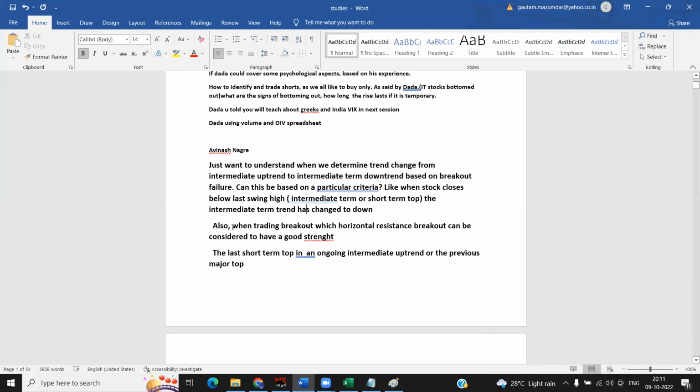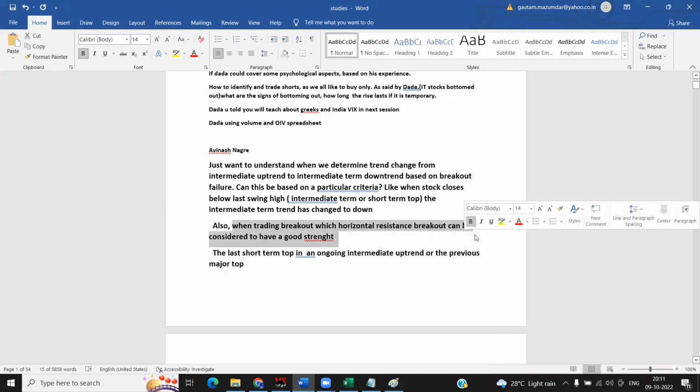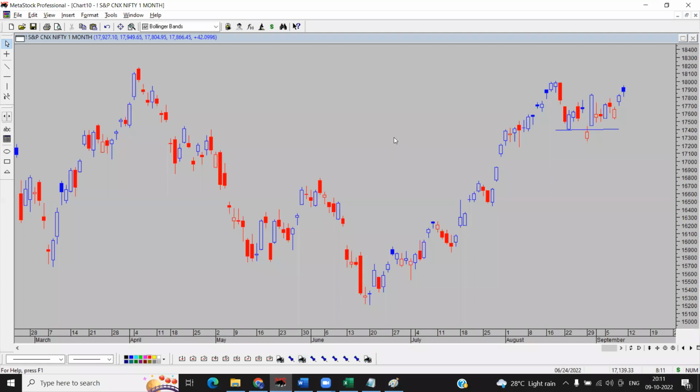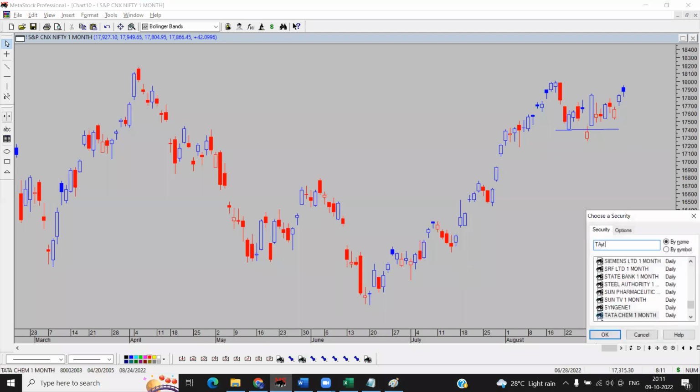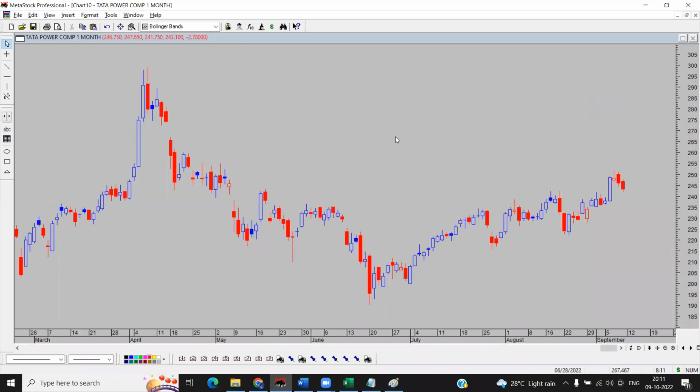Also, when trading breakout, which horizontal resistance breakout can be considered to have good strength? I will show you this particular stock which we were supposed to discuss today again, Tata Power.